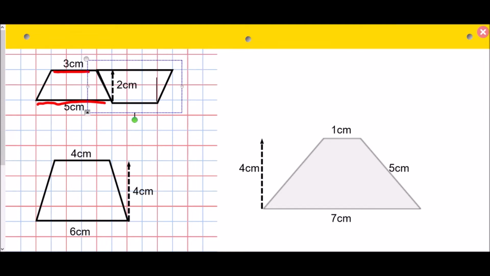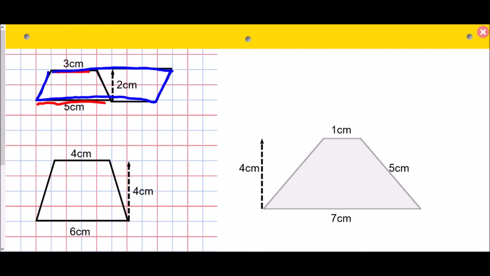Now, I'm going to begin by bringing this shape back in. This is the same trapezium, just turned over, and I've put it together. If I put those two shapes together, what I've formed is a parallelogram. From what we've just looked at, a parallelogram needs us to find the width and the height.